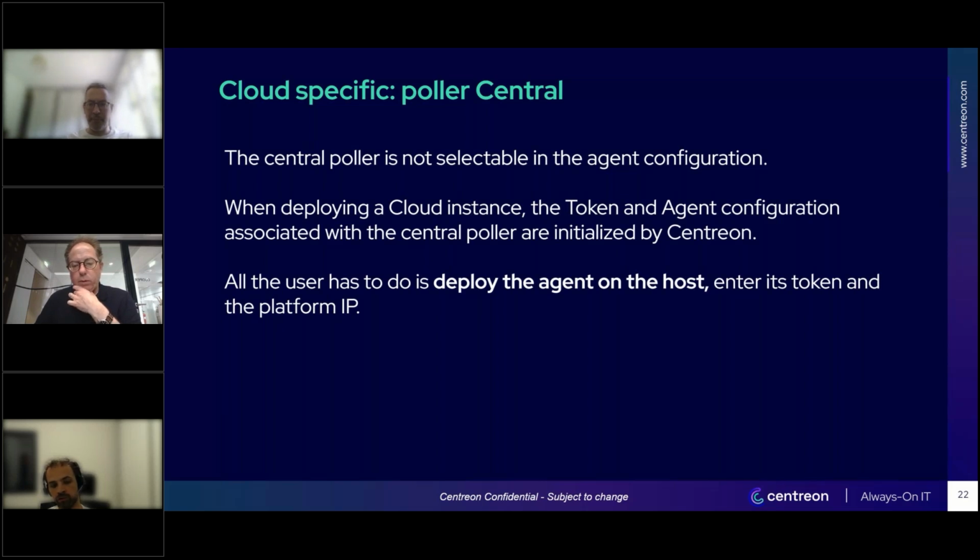And if you want to use the agent on the host and connect it to the Central Polar, for example for trial purposes, or even if you're not in trial but in production and want to use the Central Polar, you will just have to enter the token and the platform IP on the host side in the agent configuration, and the agent will connect.